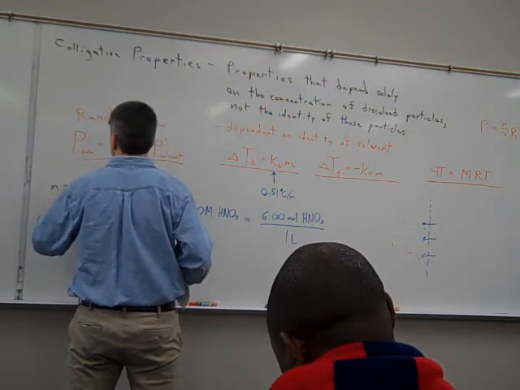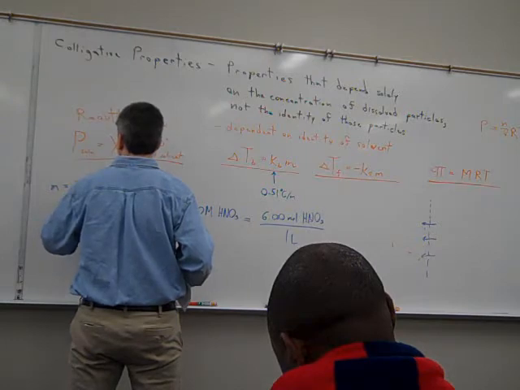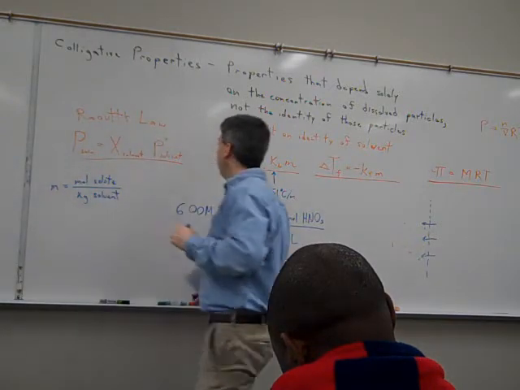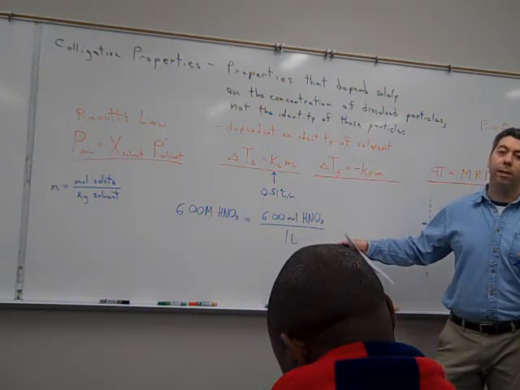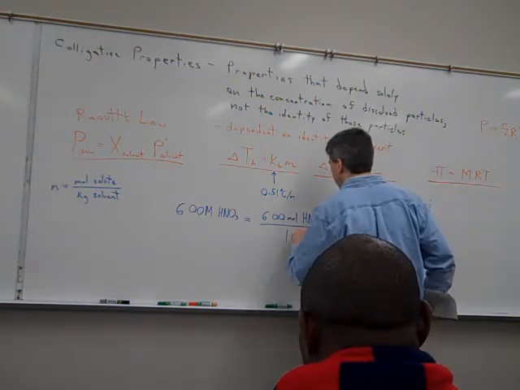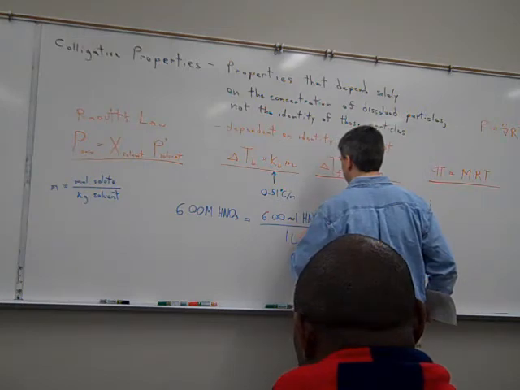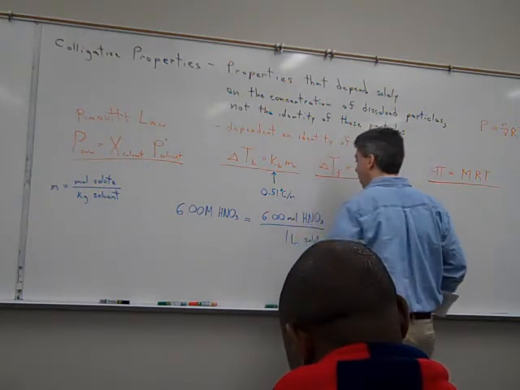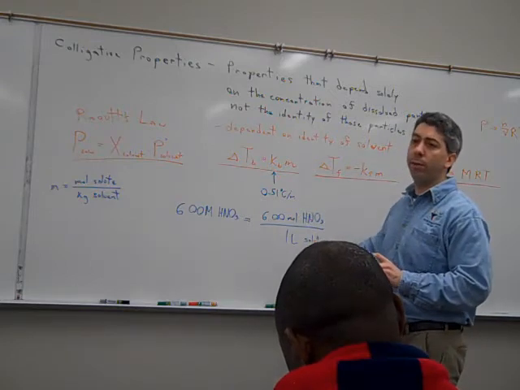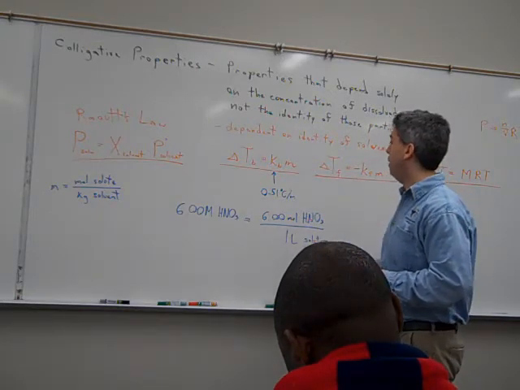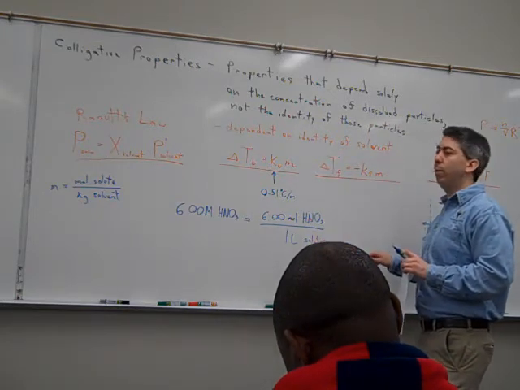Kilograms of solvent. And what's molarity? Moles of solute over liters of what? Solution. Solvent and solution are not the same thing. I can't simply convert this to kilograms. I actually have to separate out the solute.